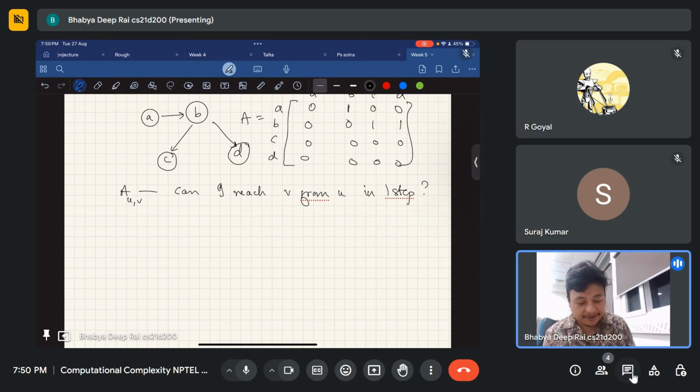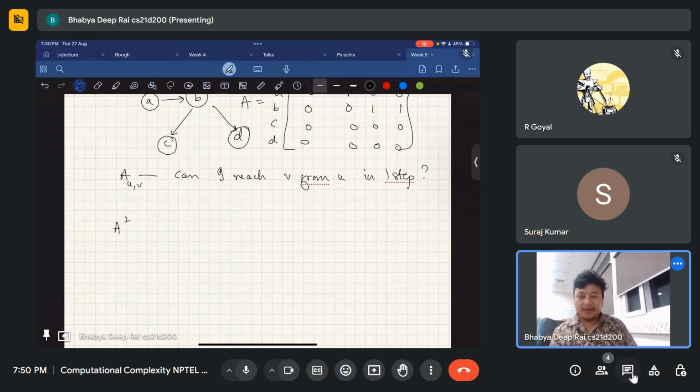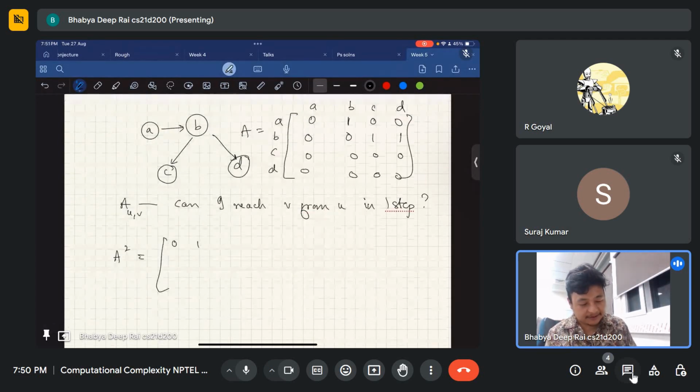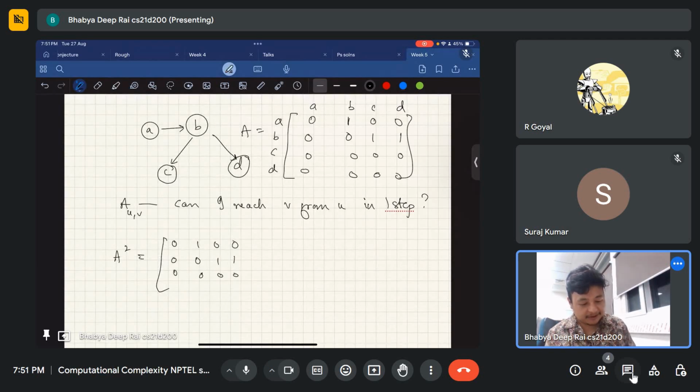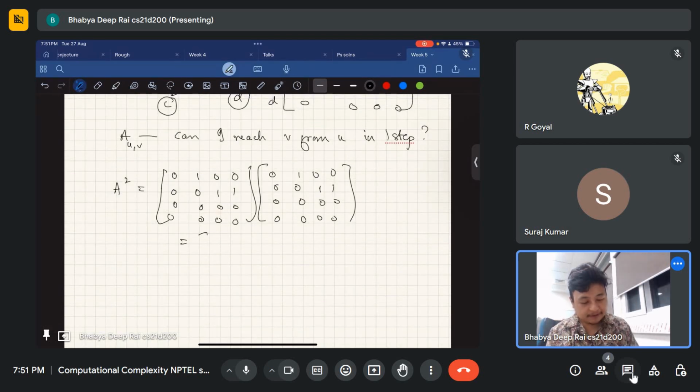Now think of A squared. A squared is A times A. So bring that matrix, 0, 1, 0, 0, 0, 0, 1, 1, 0, 0, 0, 0, 0, 0, 0, 0, and multiply it with itself. Do simple matrix multiplication.